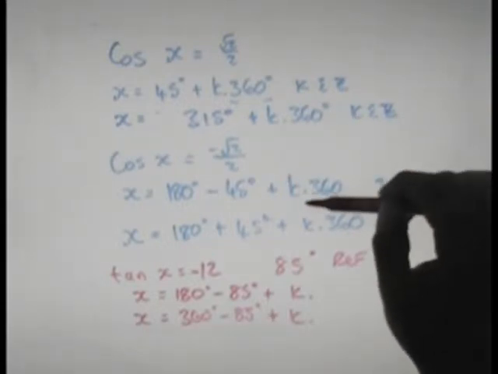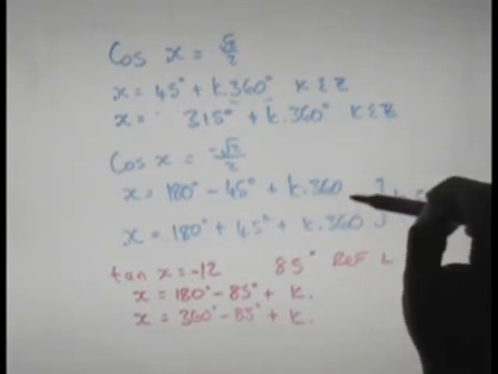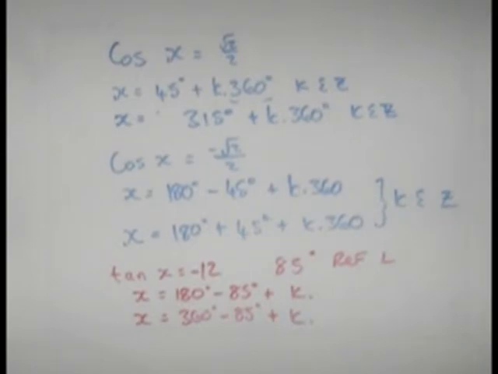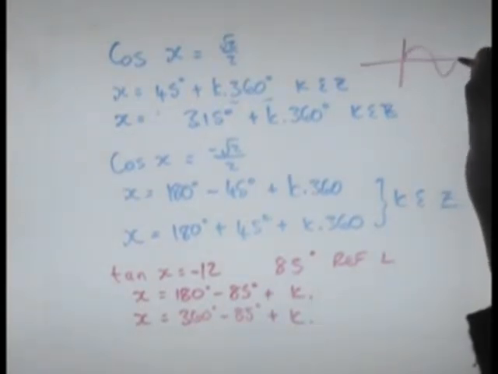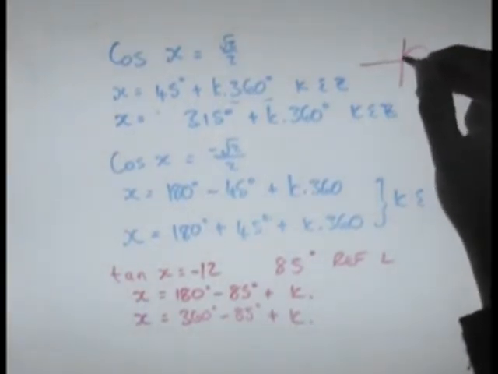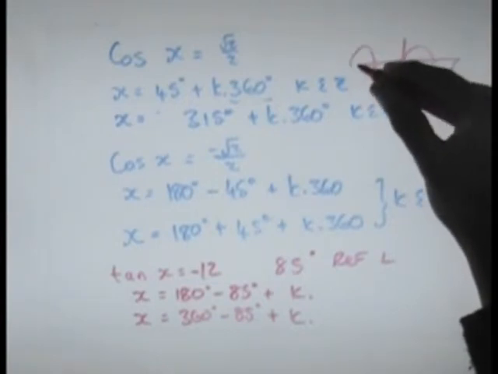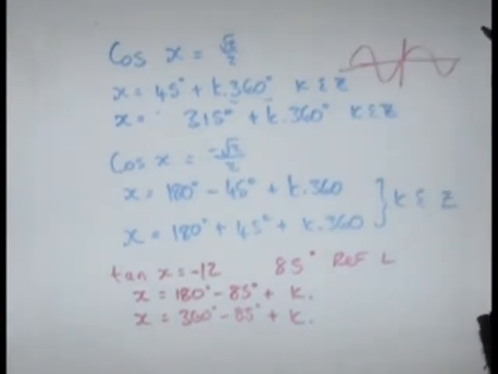Now the sine and the cos were k times 360 because the sine and the cos graphs repeated themselves at intervals of 360 degrees. That means that at every 360 degrees they were exactly the same. They repeated themselves once at 360 and at negative 360, and it carried on like that.